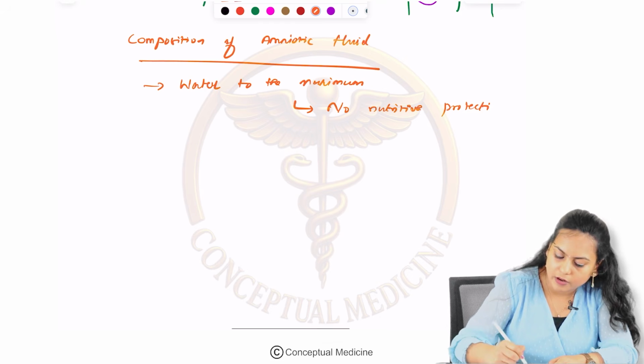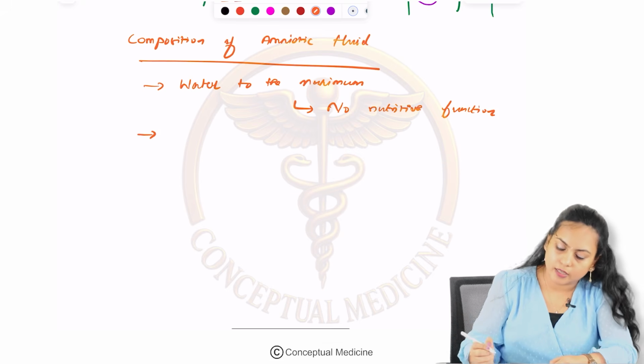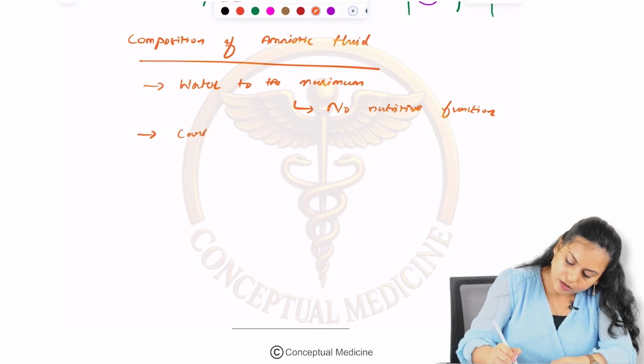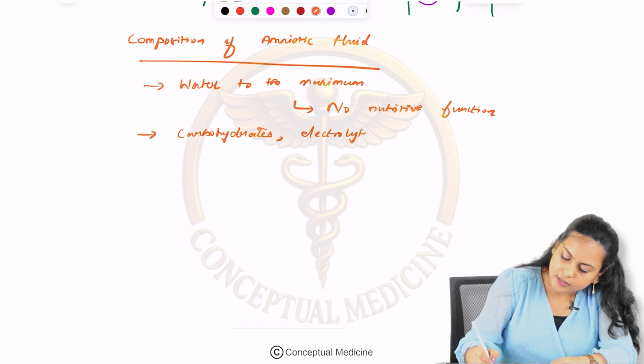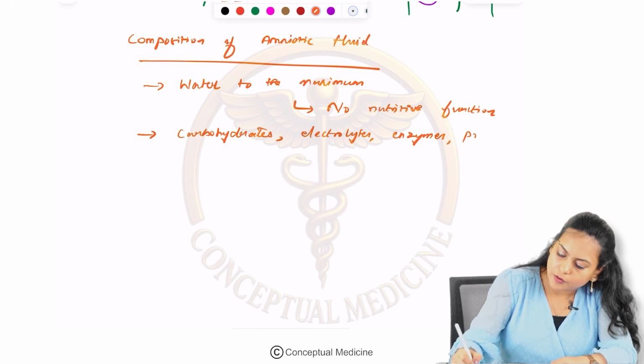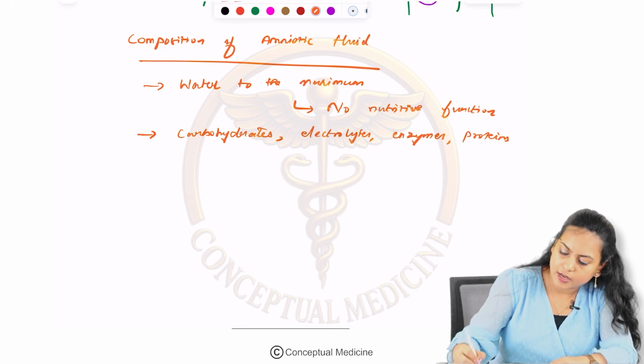No nutritive function. Second point, it consists of carbohydrates, electrolytes, enzymes, proteins, etc.